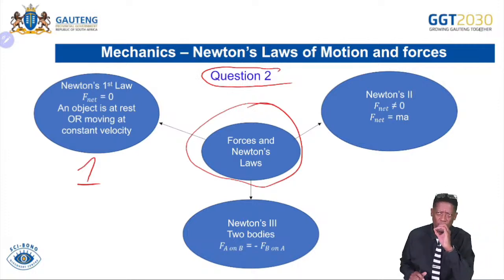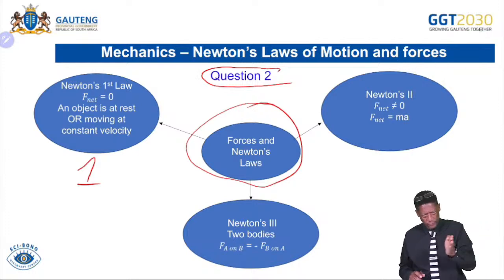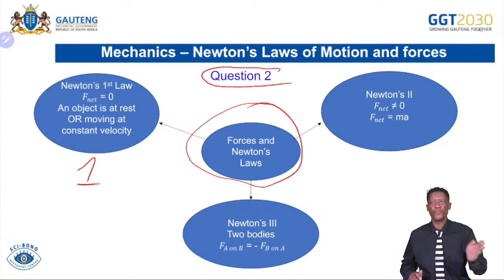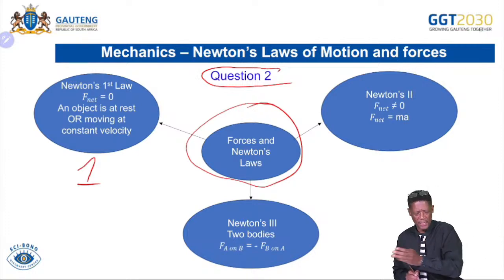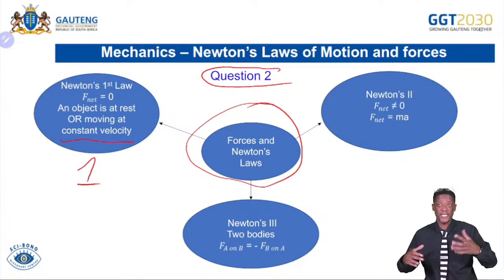What we are looking at when we talk about Newton's first law is when the object can move or it can be at rest, right? But if it moves constantly, it is in constant motion. If the object is in constant motion, what does it tell you?